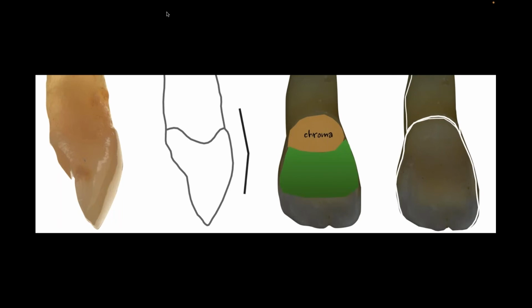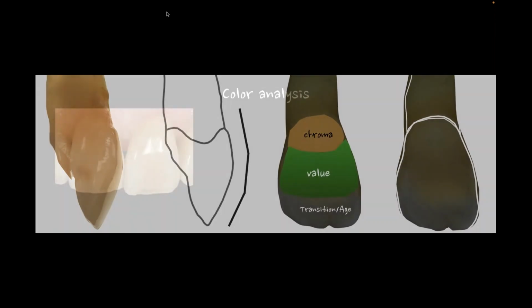There's that middle third plane, where you're going to get the most value in your tooth, and that has a lot to do with the light reflection. And then there's that incisal plane, or that incisal third, which is a little bit of a crapshoot, right? It's a little bit about how much we want to make the tooth younger or older, mamelons or not. So that's the only question mark that I think we can determine on our own for what we're trying to create in that patient's restorative.